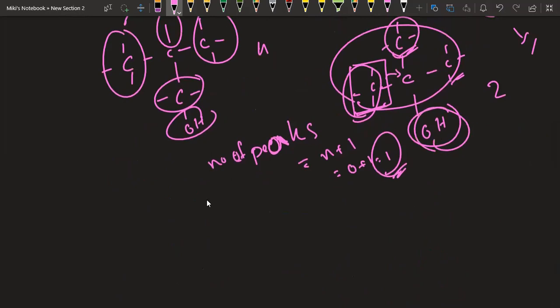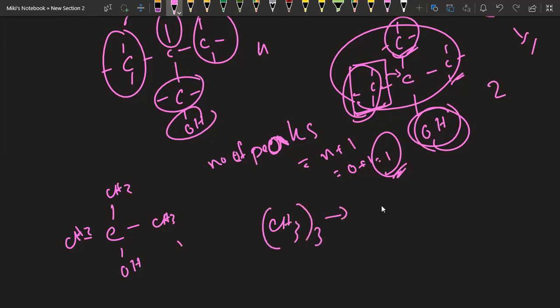Got it? So that means our final structure is here CH3, here CH3, here CH3, and here OH. Okay. In total, we have 2 environments. So this CH3 has a peak somewhere around 1.2, let's say, which is a singlet.